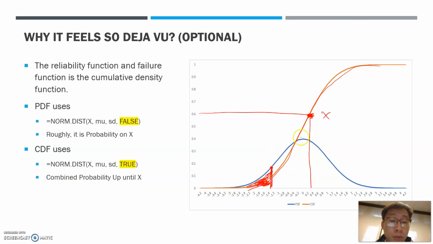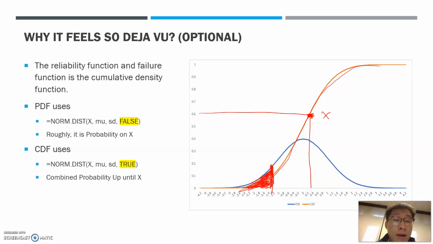However, with this blue curve, in order to obtain everything up until this point, you kind of have to take the integral. This calculus is a headache. The reason why you didn't have to take integrals so far is because we've been utilizing the Excel function, or you were able to use the z table to look up the result.